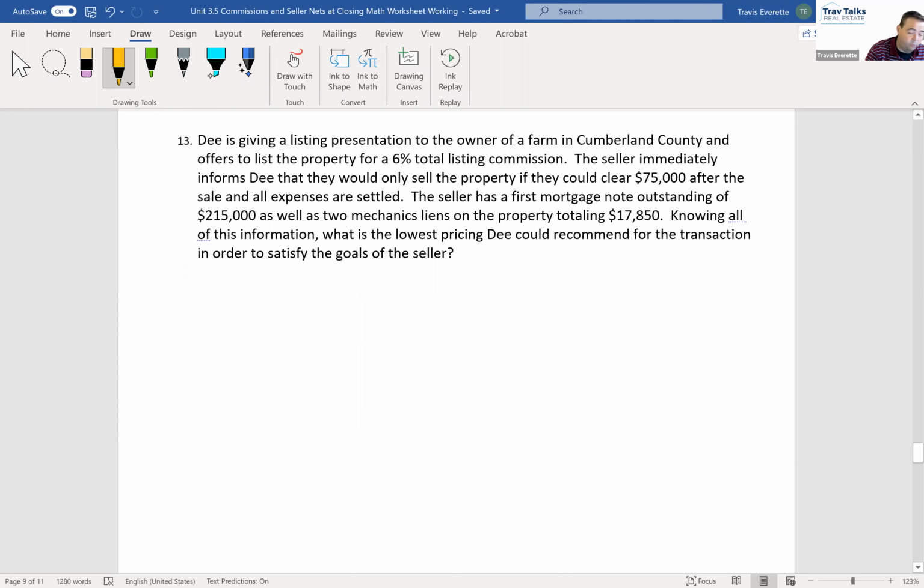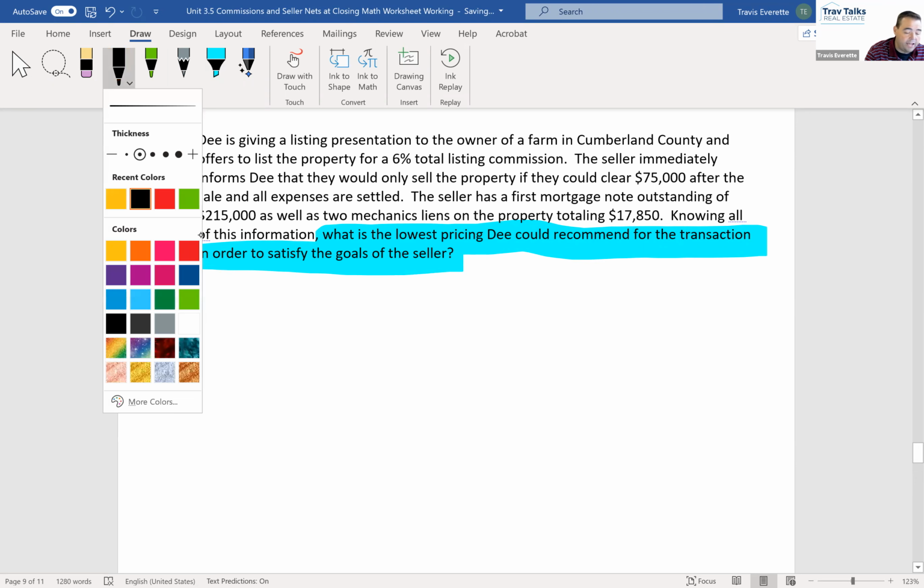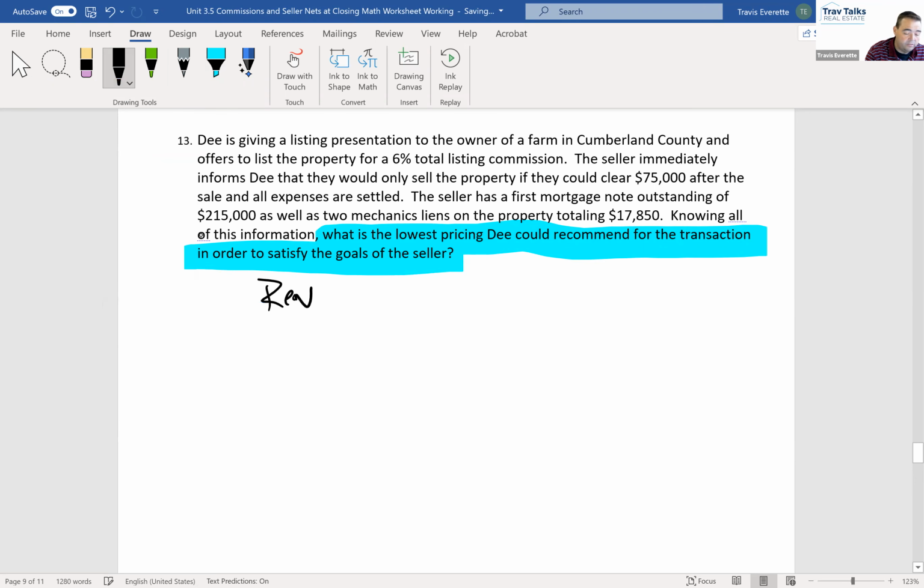There's our question, right? What is the lowest pricing D could recommend for the transaction in order to satisfy the goals of the seller? We are right back to that reverse seller net. They told us what the seller needs to net, what they want to clear.